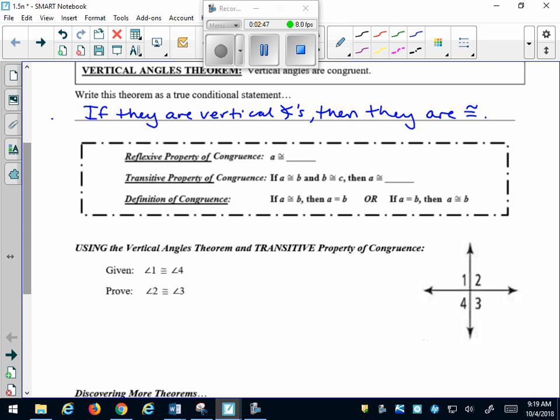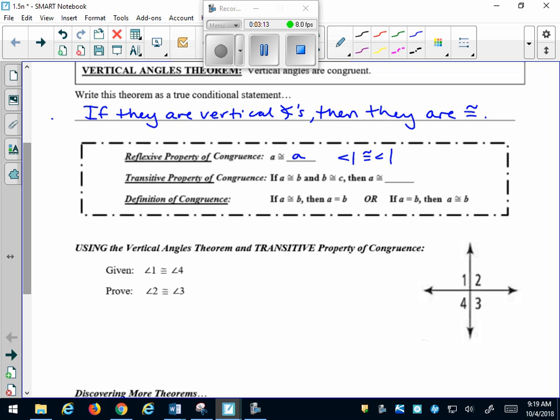That was the reflexive property of equality. Well, it turns out there's a reflexive property of congruence also, and it's the same exact thing. A is congruent to A. Maybe angle 1 is congruent to angle 1. The same exact thing on both sides of the congruent sign would be the reflexive property.